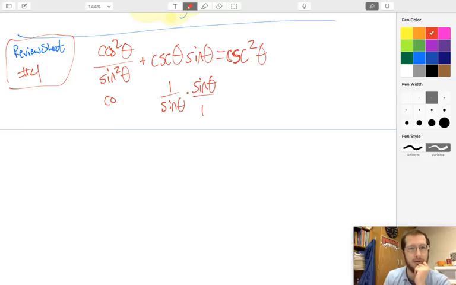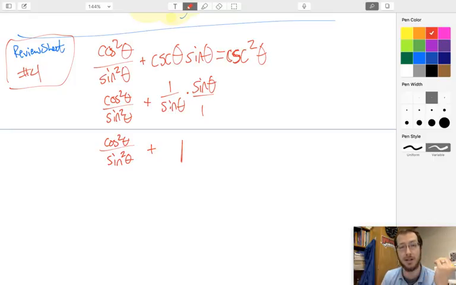Let's bring this down. So that's all just 1. Cosine over sine is the same thing as cotangent. So we say that's cotangent squared of an angle plus 1.